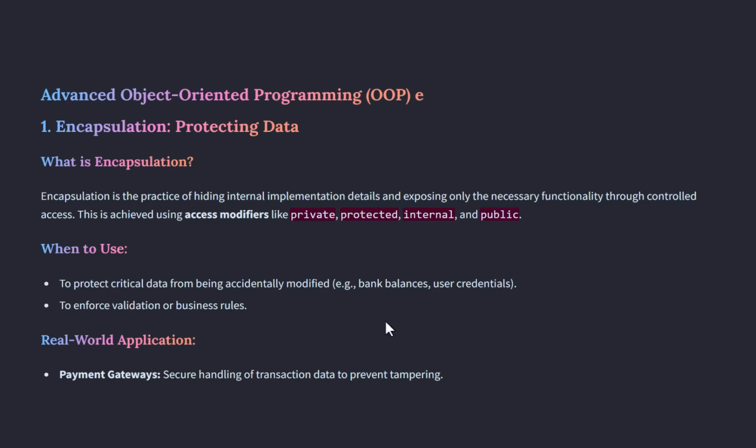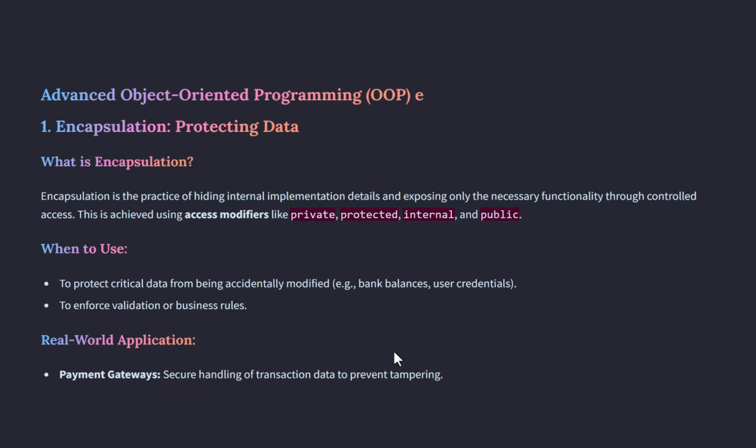So, what is encapsulation? Encapsulation is the practice of bundling data and methods that operate on that data into a single unit, usually a class. By restricting direct access to some of an object's components, encapsulation allows you to protect and manage your data effectively.